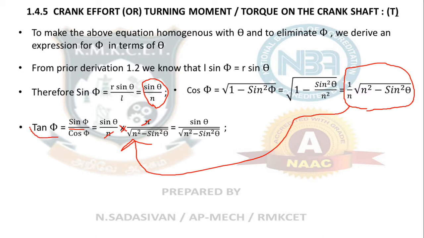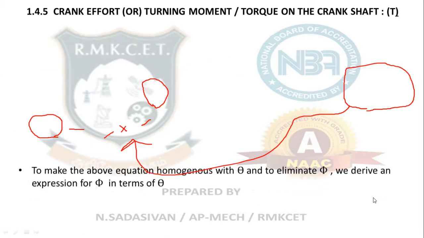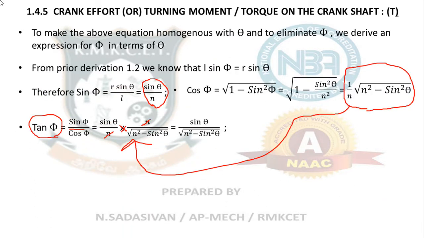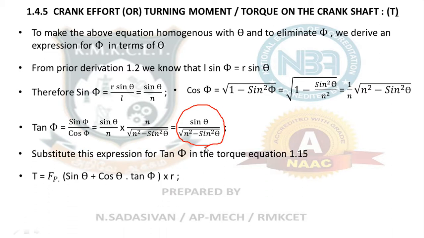Put this tan phi in equation 1.15. What is equation 1.15? In equation 1.15, to eliminate this tan phi, I am doing this entire exercise. Instead of tan phi, I am going to write this. This is my 1.15 equation which I have derived in the previous slide.